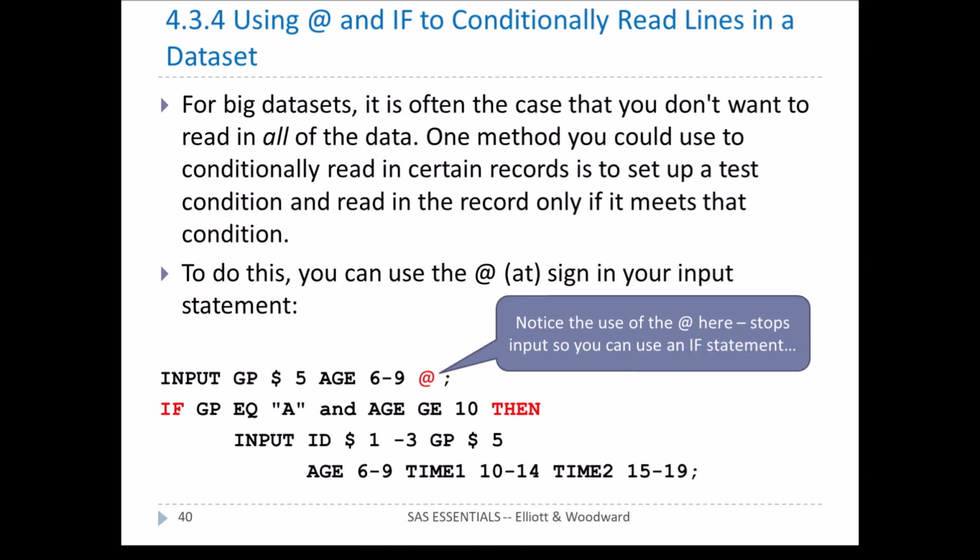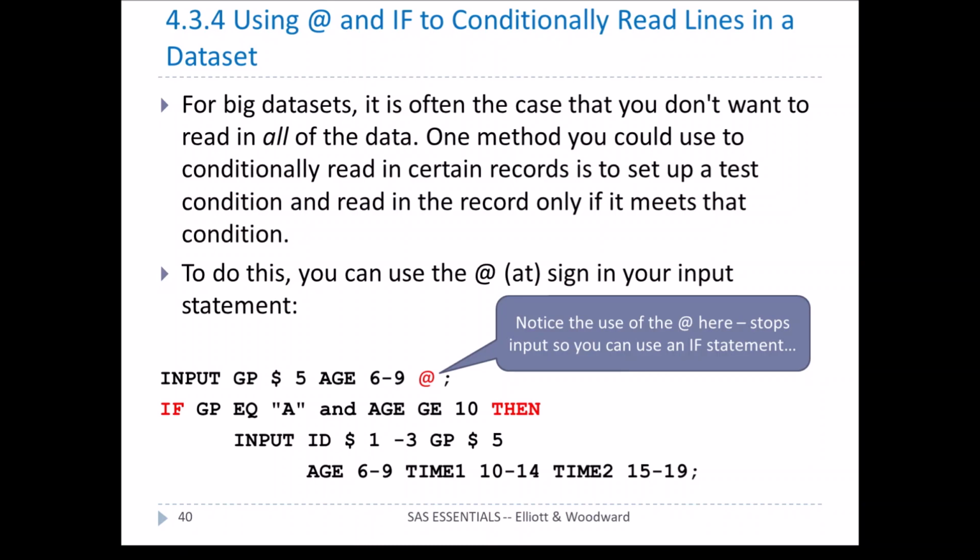If group is equal to A and age greater than 10. See, we've already read in group and age, so now we can use that information to decide whether to input additional pieces of information. So if the group is A and the age is greater than or equal to 10, then go ahead and read some more information. In this case, read the ID number.